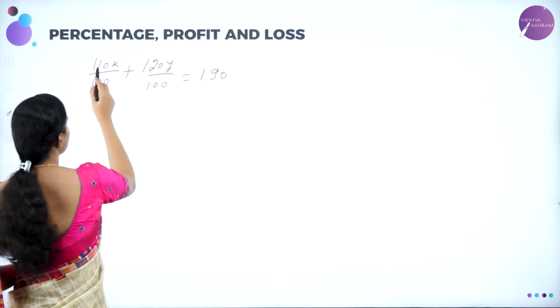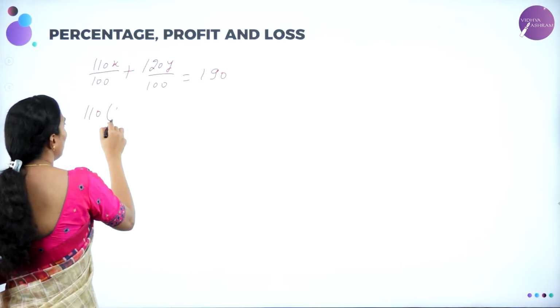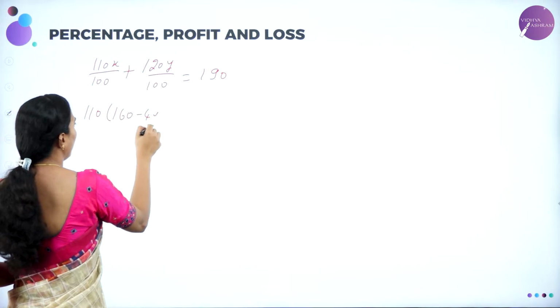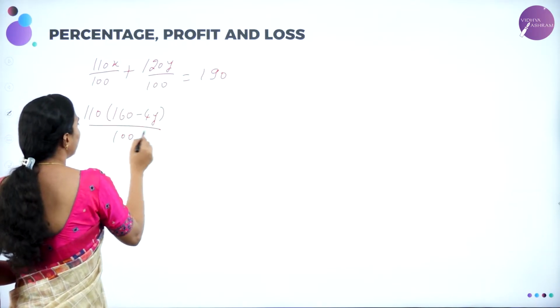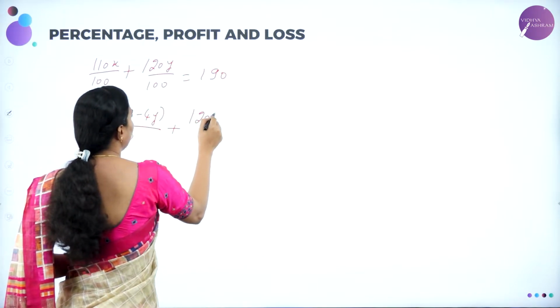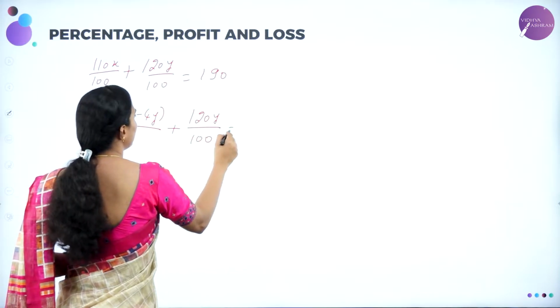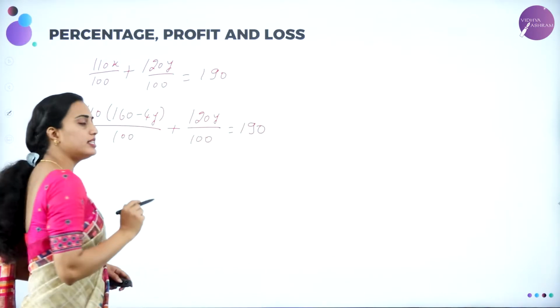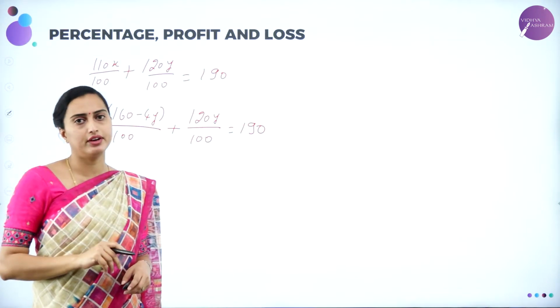So x is equal to 160 minus 4y, giving 110 into (160 minus 4y) divided by 100 plus 120y divided by 100 is equal to 190. Now what is the LCM, dears? LCM is nothing but 100.